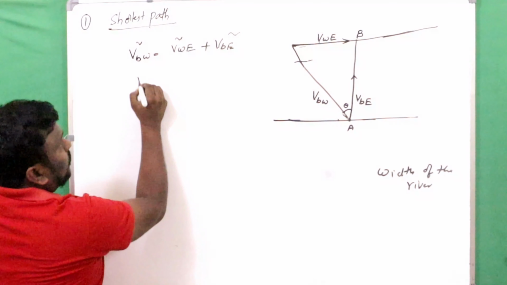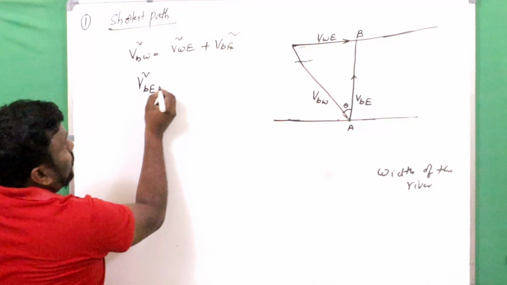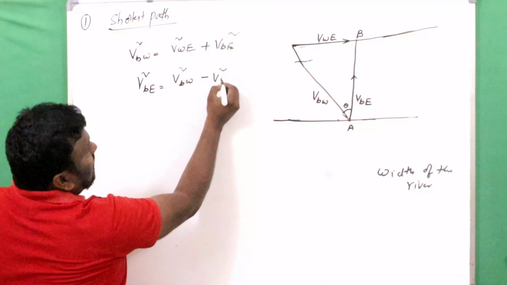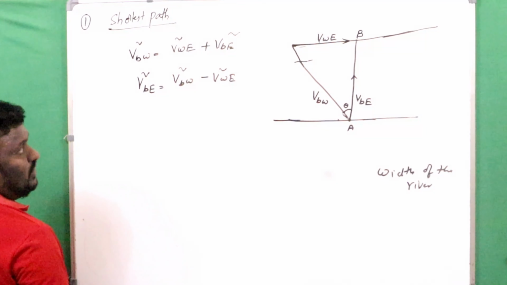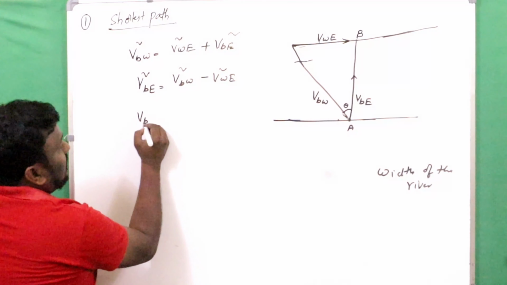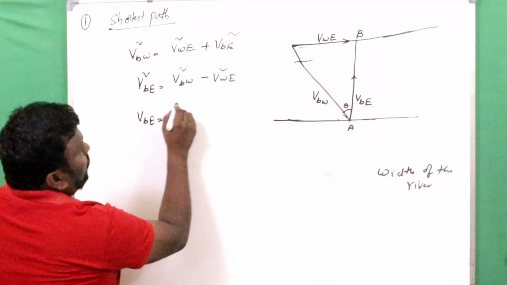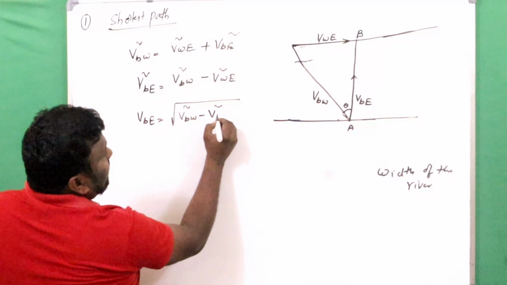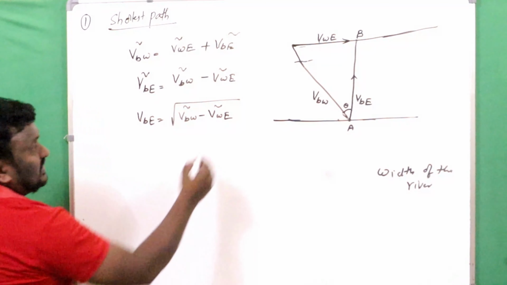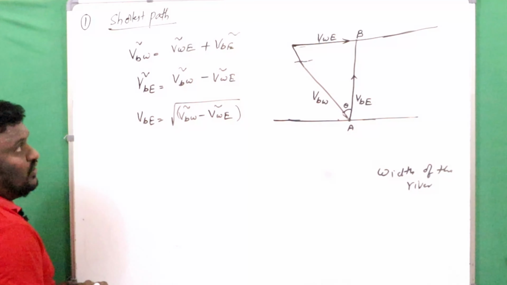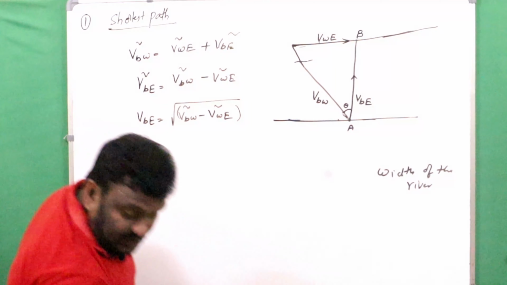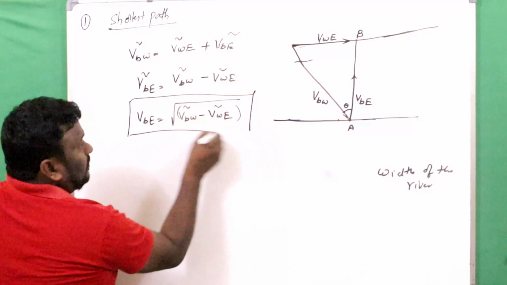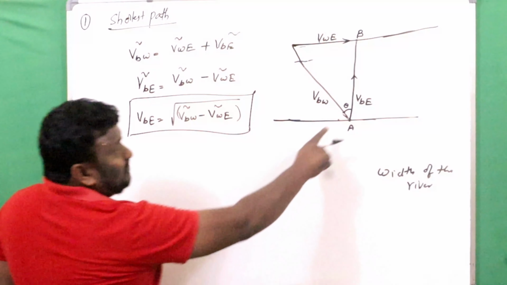From that, V square BE is equal to V square BW minus V square WE. Clear? So VBE is equal to under root of V square BW minus V square WE. That you have to remember. That is the velocity of the boat with respect to the ground, VBE. Clear?